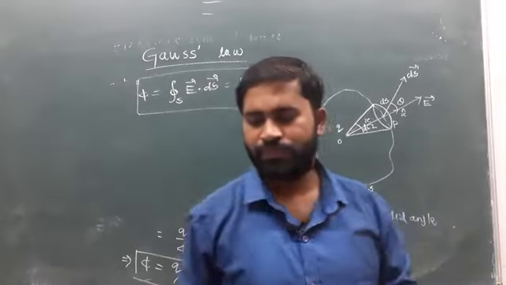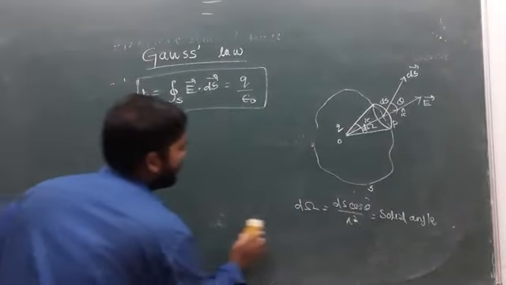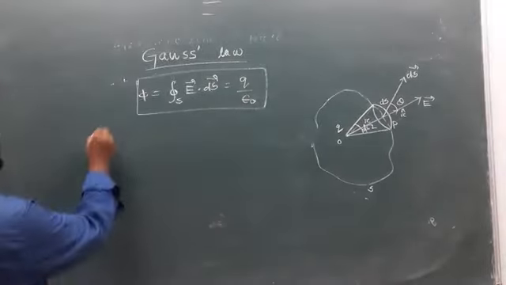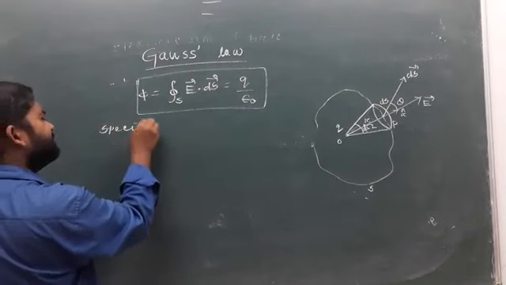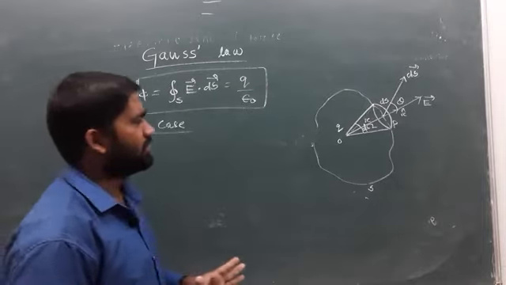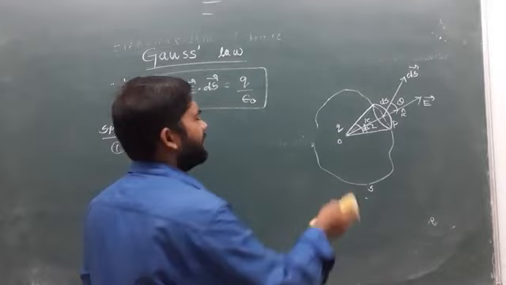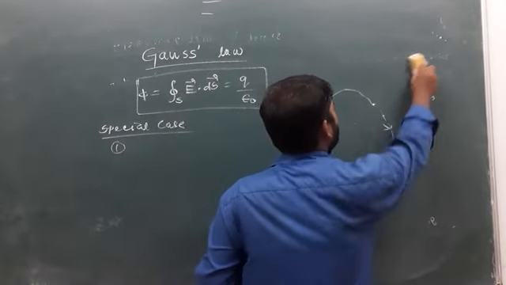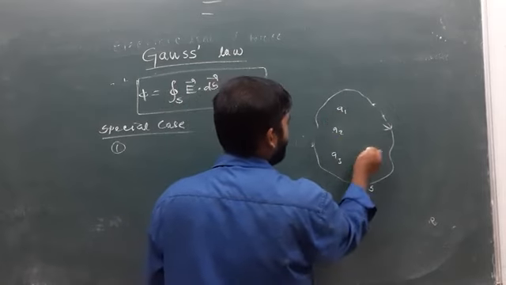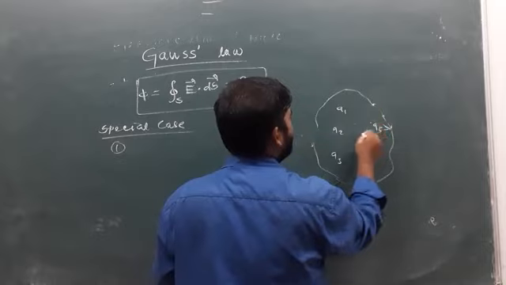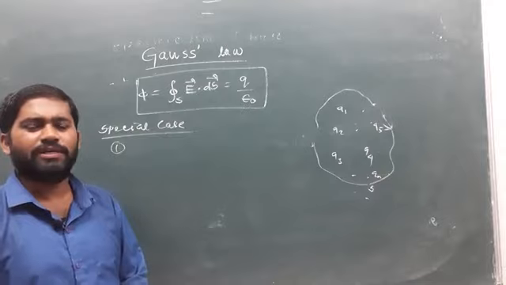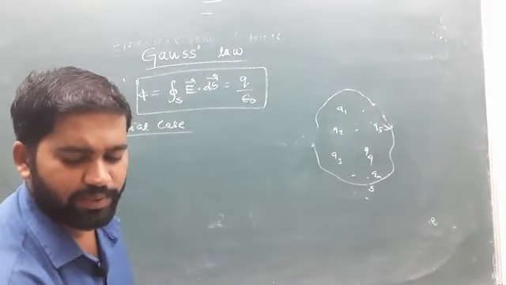Now we can take two different special cases in order to measure the electric flux. Suppose in the first special case, the surface, instead of containing a single charge, contains a large number of charges Q1, Q2, Q3, Q4, Q5 up to Qn. The total electric flux depends upon the total charge enclosed by the surface.